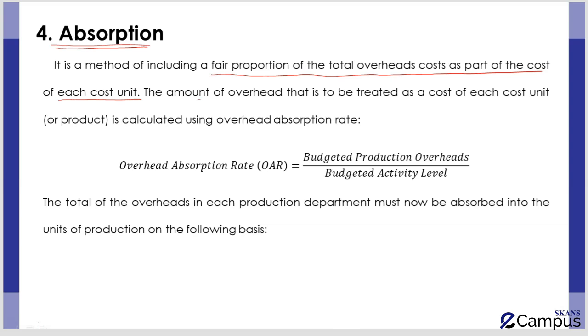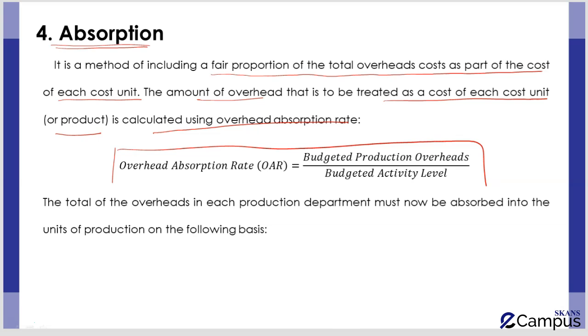The amount of overheads that is to be treated as cost of each cost unit or product is calculated using the overhead absorption rate. What is overhead absorption rate? Overhead absorption rate can be calculated as budgeted production overheads divided by budgeted activity level.